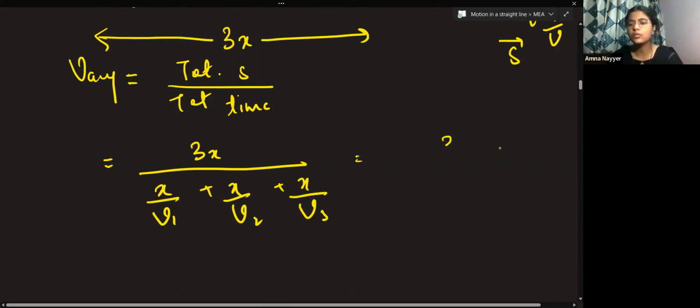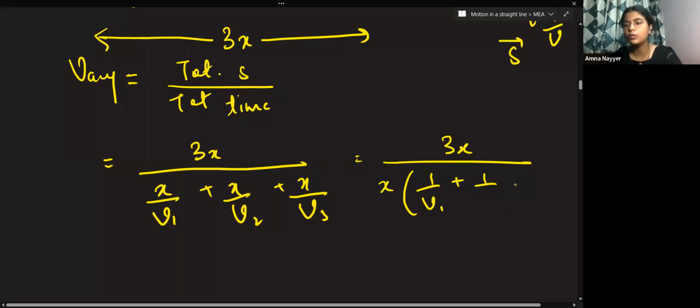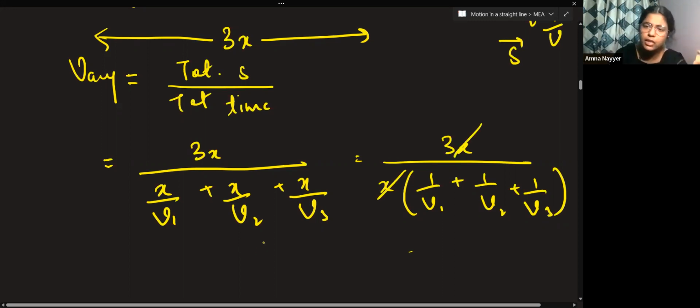If you take x common, it becomes x into 1 by v1 plus 1 by v2 plus 1 by v3. See, x got cancelled. So that's why you can take it anyway. You can take total distance as x, so each part becomes x by 3. That's up to you. Since I wanted to avoid fractions, I took it as 3x. Answer will be the same.